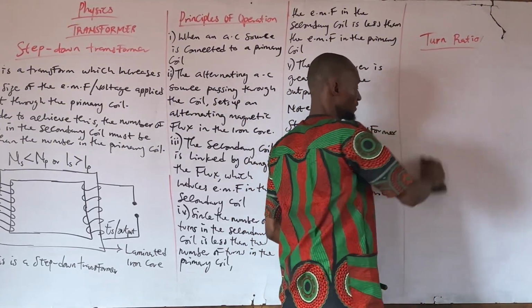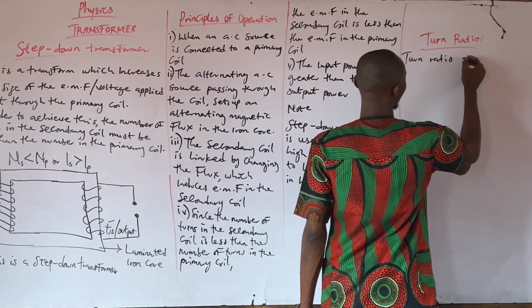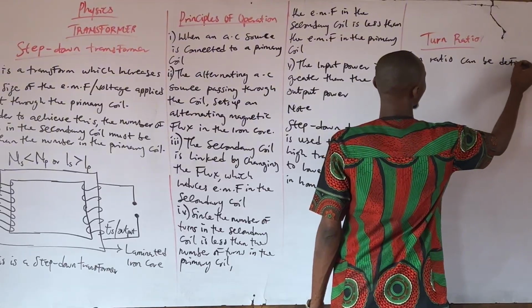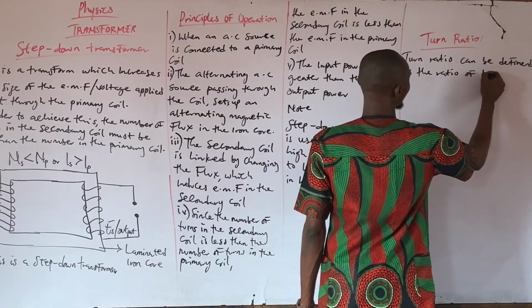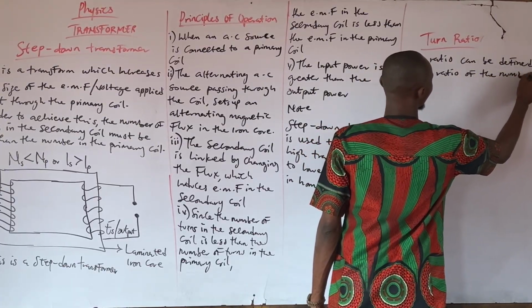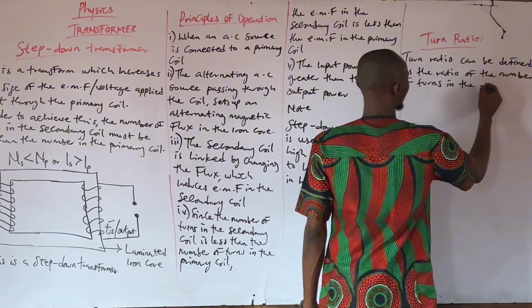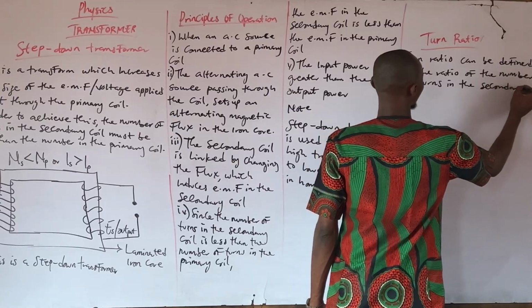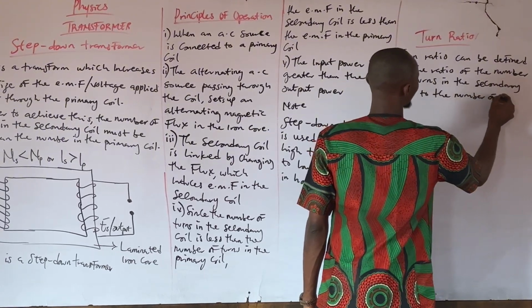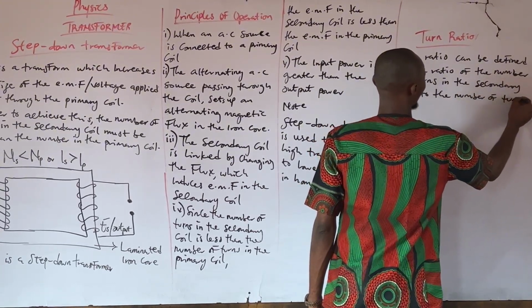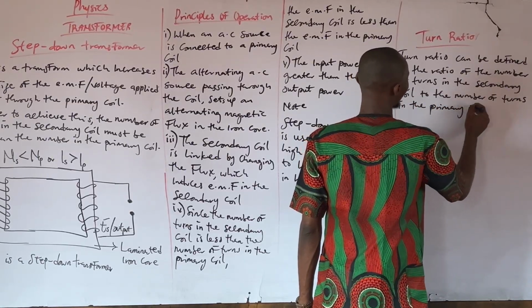I said that turn ratio can be defined as the ratio of the number of turns in the secondary coil to the number of turns in the primary coil.